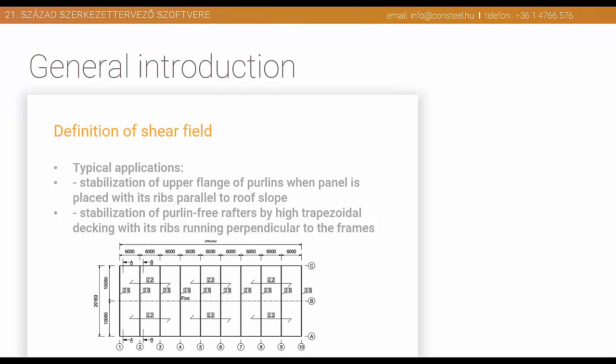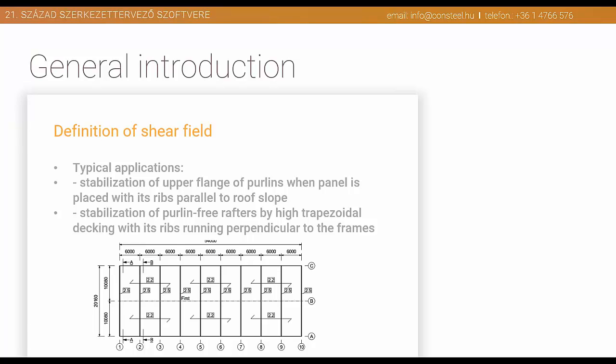A similar configuration can be if I have a building where there are no purlins, it's a purlin-free structure. In that case, there are high trapezoid decking spanning between frames, and this high trapezoid decking provides a similar effect as in the first case to the purlins. The upper flange of my rafters can be assumed to be elastically stabilized by the presence of this high trapezoid decking.